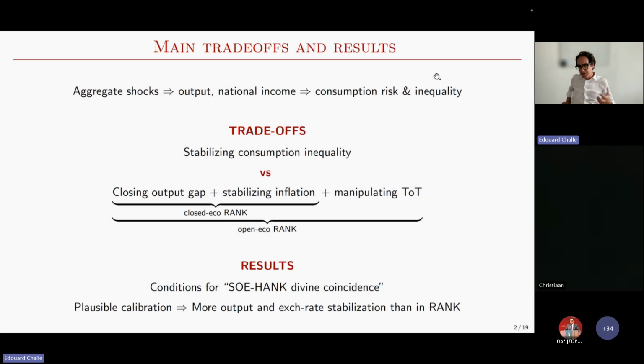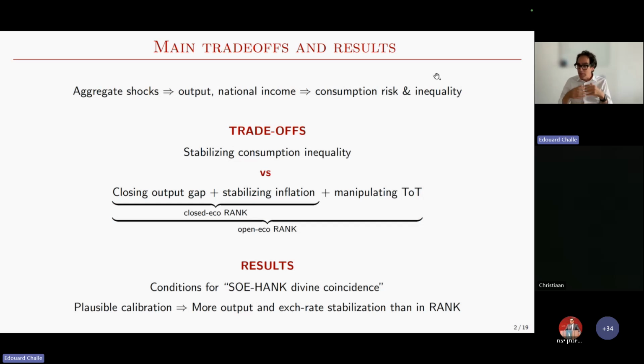All those fluctuations in output and national income will translate, in an economy that has incomplete markets and heterogeneity, into fluctuations in consumption risk and inequalities. Okay, and those fluctuations in general will be inefficient from the point of view of the domestic planner. This creates potentially a new term in the trade-offs that the central bank faces.